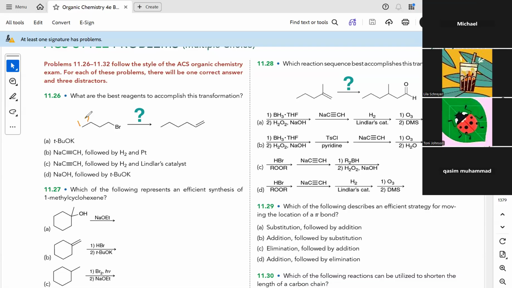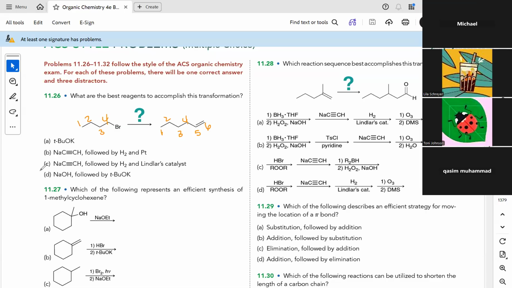Let me count my number of carbons here. I have 1, 2, 3, 4, 1, 2, 3. Oh, there's 4, and then I have 5, 6. So I've added on 2 carbons. At this point, I must have used a way to extend that.